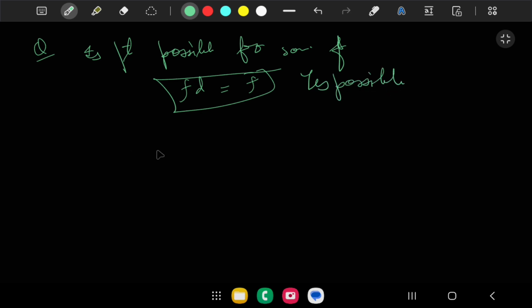There are many functions possible, but let us take some example for now. This type of function, for which dual and complement are the same. For this, take a exclusive or b. Find its complement.